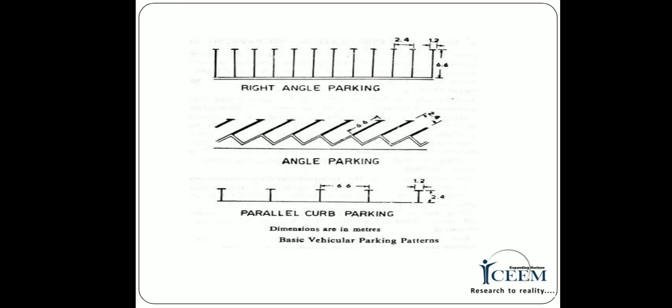The pattern of parking is dictated by the shape and size of the parking area available. The basic parking patterns usually adopted are shown in the figure, like right angle parking, parking with angle, and last is parallel curb parking. Thank you.